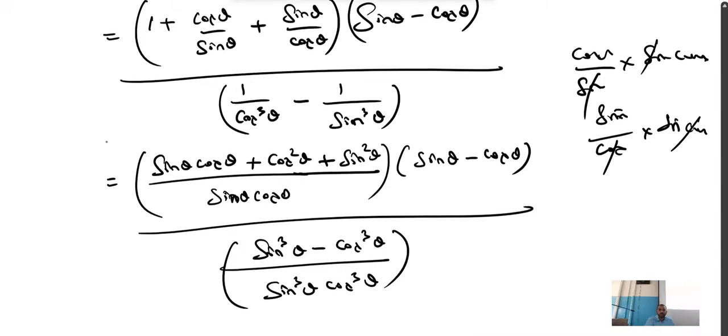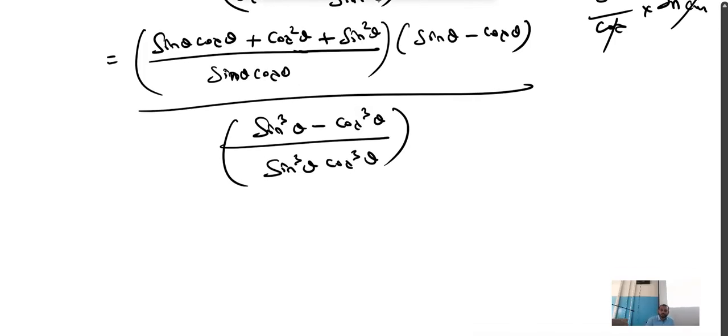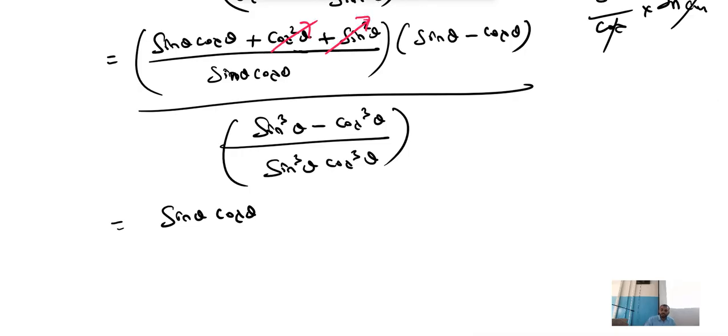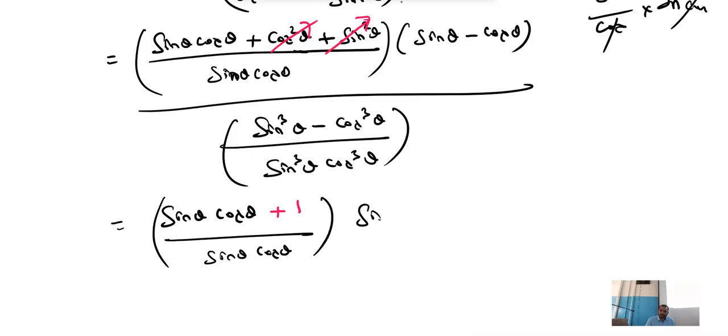Now what is left out? Yeah, we know that. See here, sin theta cos theta as it is. We know that sin square theta plus cos square theta is 1. Divided by sin theta cos theta into sin theta minus cos theta. Now can we bring this entire term to the numerator?